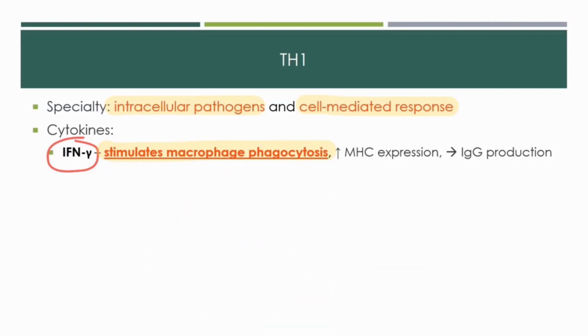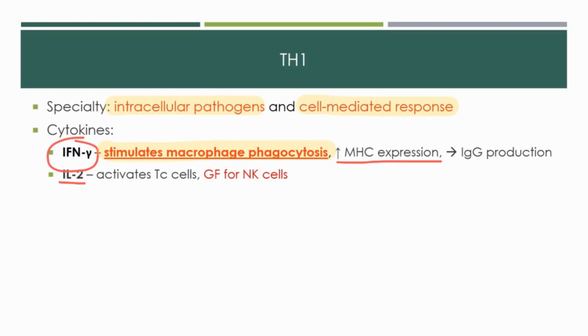Interferon gamma also enhances antigen presentation by increasing MHC on all cells, and this allows intracellular pathogens to be detected. It also leads to some IgG production, which we will learn opsonizes bugs to aid phagocytosis. IL-2 is a pretty general cytokine, but is especially secreted by Th1 cells.